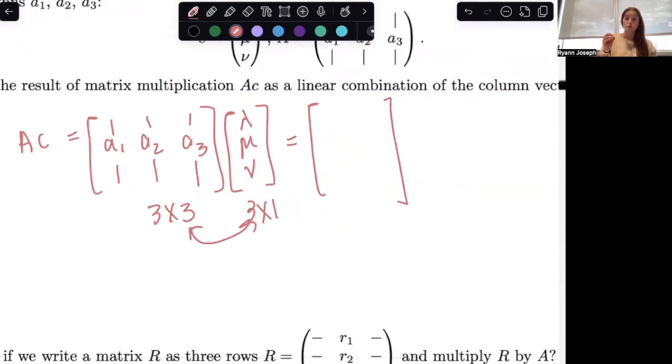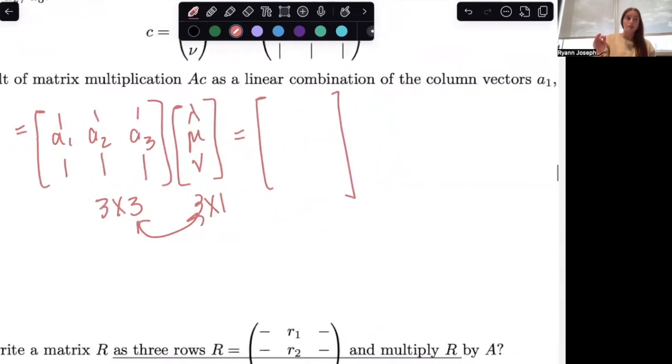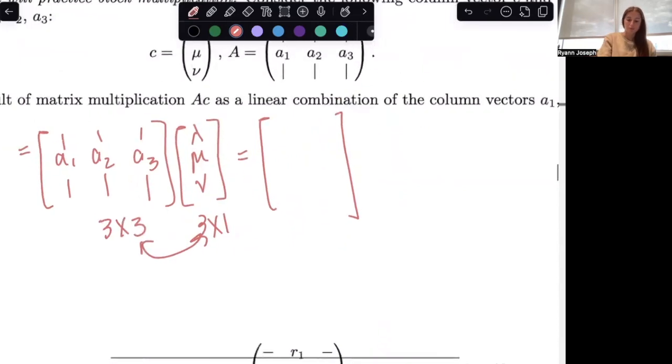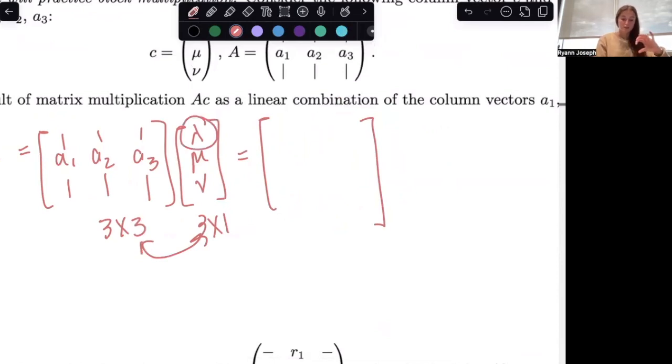It's always row times column. So in this case, the first row is just going to be what the product is.